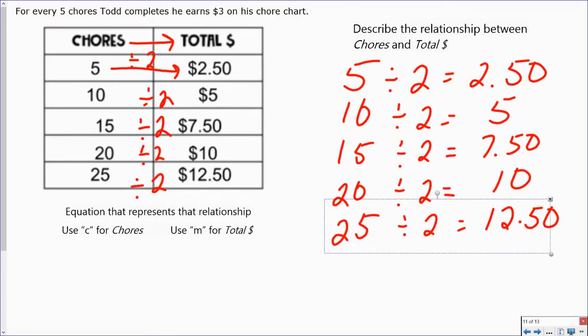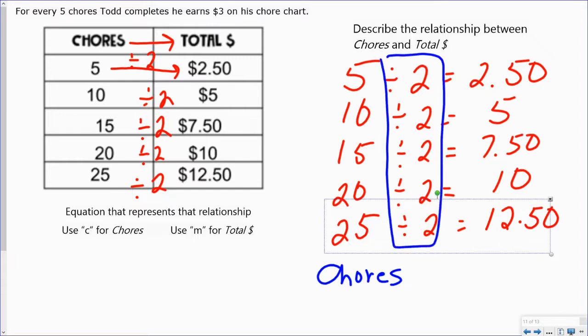So my relationship here is that each time I take my chores, I am dividing that by 2 to get the money that Todd is making. So now I'm going to use that to create my equation.